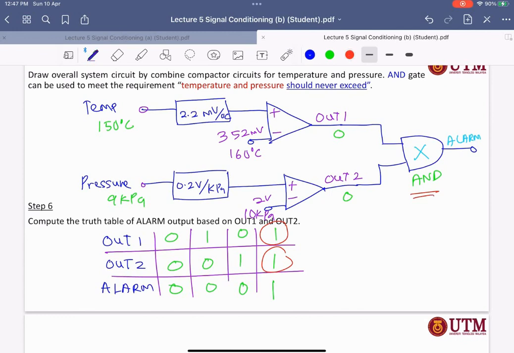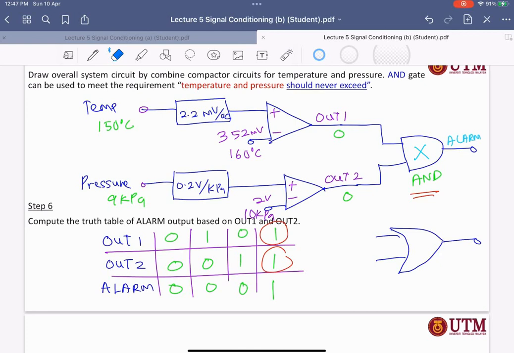You also have another gate, which is what we call it, what is it, guys? What did we name this gate? We have the AND gate and we have another one.